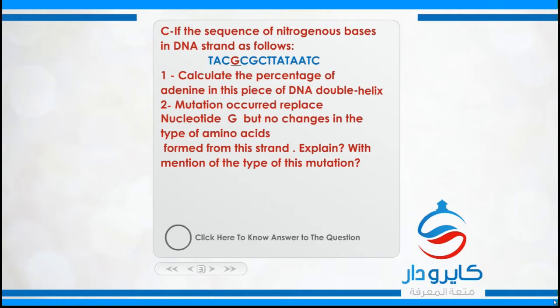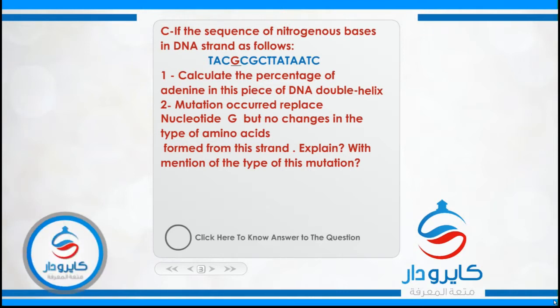But the number of A on the other strand, which is complementary to this strand, is the number of A facing or paired with the T. So we can calculate the number of A and T in the single strand. The number of A and T is 1, 2, 3, 4, 5, 6, 7, 8, 9. That means 9 adenine are located on the double helix.